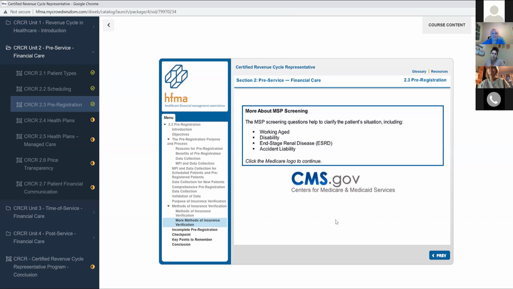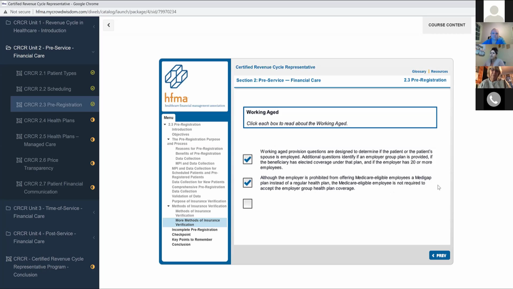So now it's going to go into, I'm not going to read every single one in the interest of time, but let's just read through what working aged is. It's got provisions that are designed to determine if the patient or the patient's spouse is employed. And then disability, it'll screen if the patient is on disability.